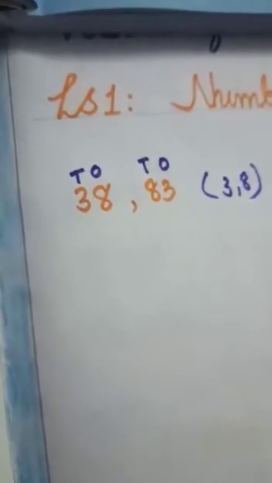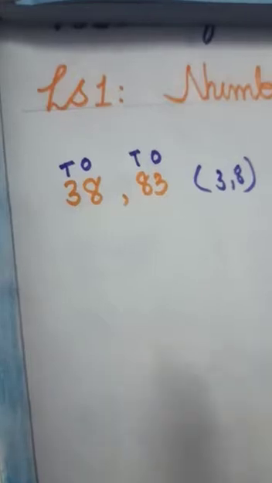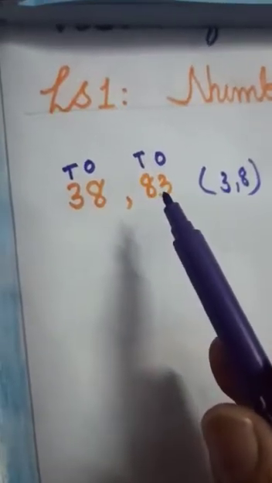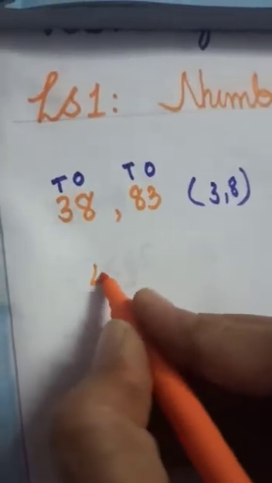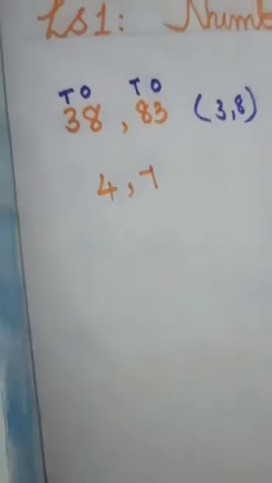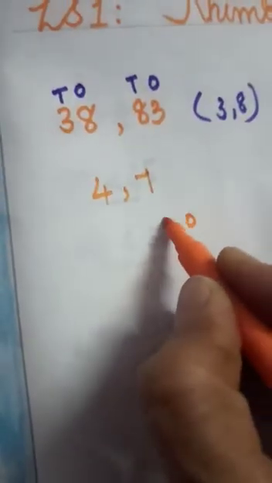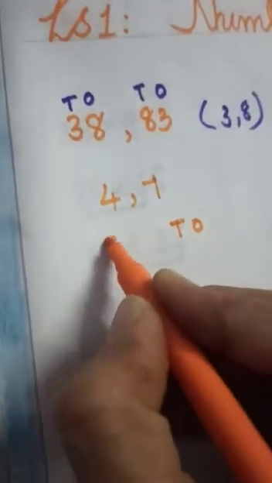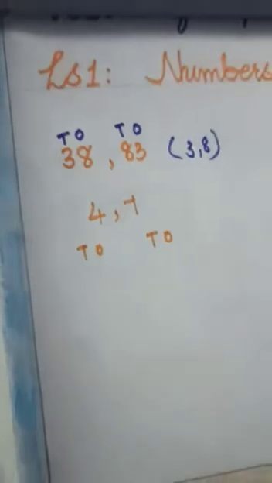Okay, similarly, to make the bigger number, we have to put the bigger digit in the tens place. Suppose here we are taking the digits 4 and 7. To make the bigger number, we write the bigger digit at the tens place.